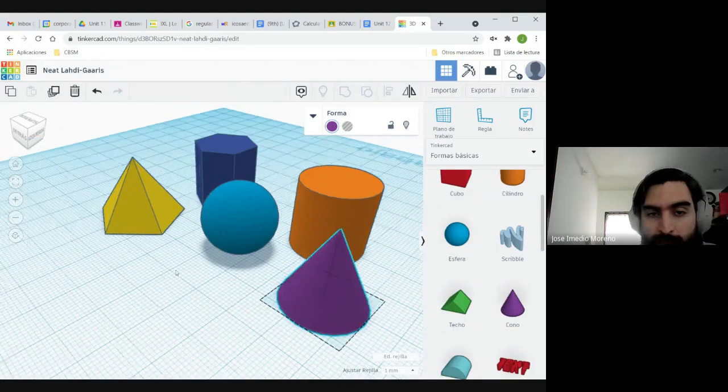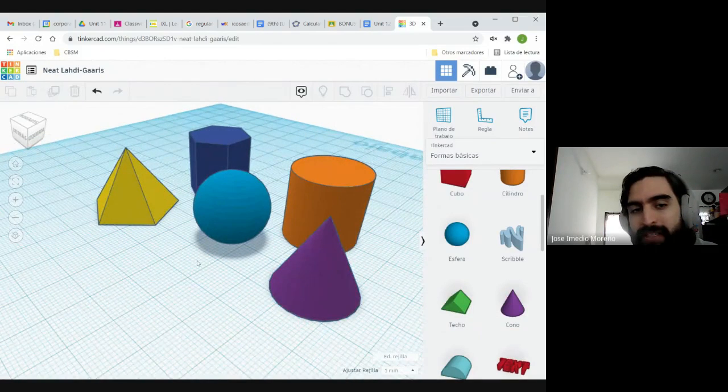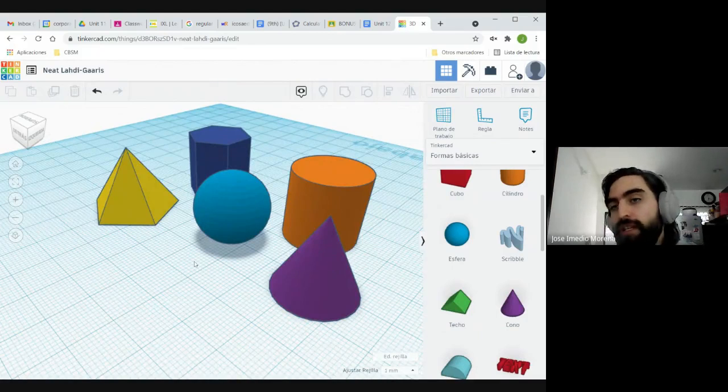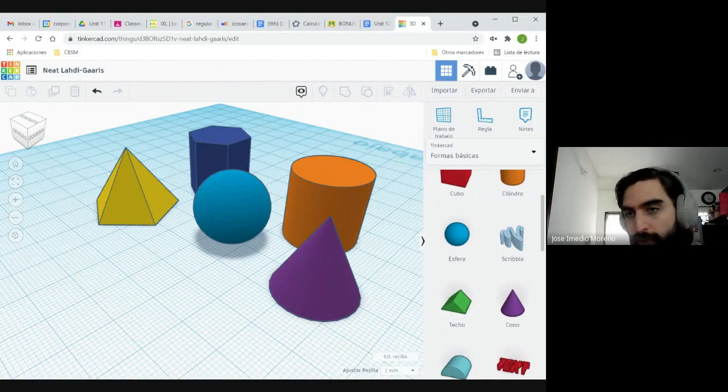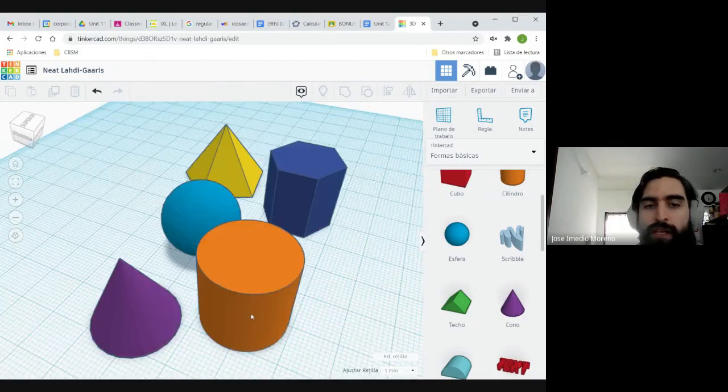In this part, what we will be doing basically is finding volumes and surface areas. For volumes, usually you have a formula. For surface areas, it depends. For instance, for round bodies, usually you have a formula for surface areas.